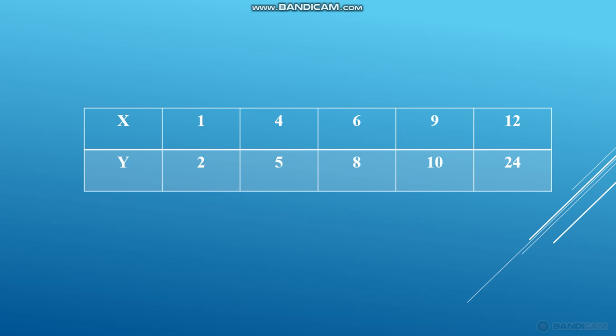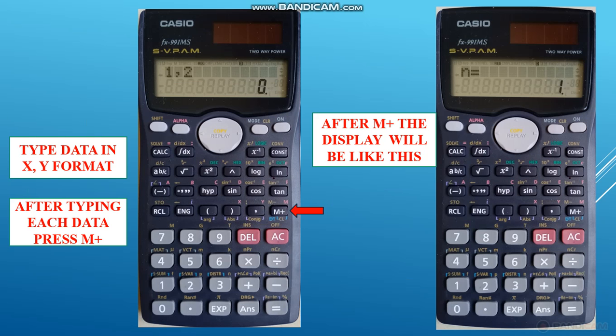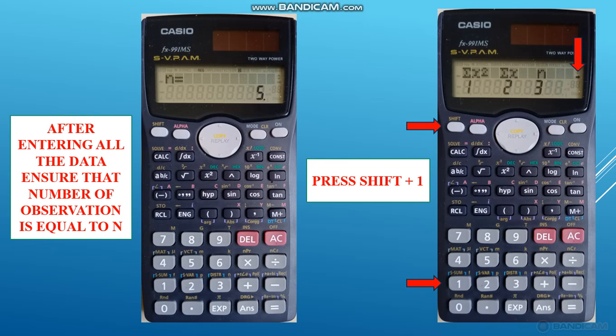After entering all the data you will get n is equal to 5, because in our question there are 5 pairs of data. After entering all the data, ensure that the number of observations is equal to n.